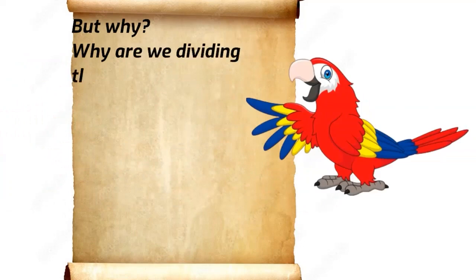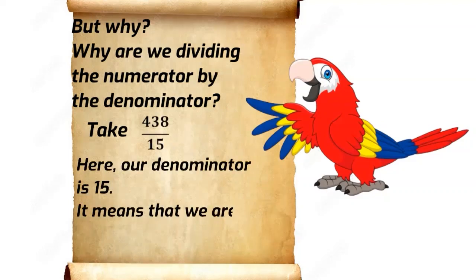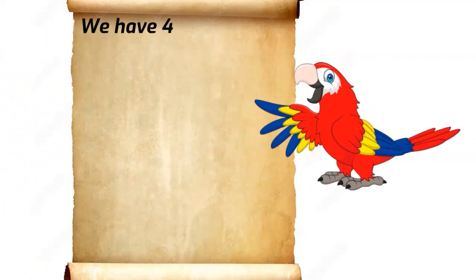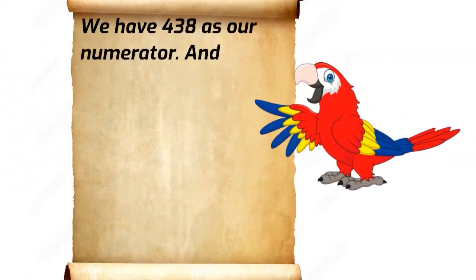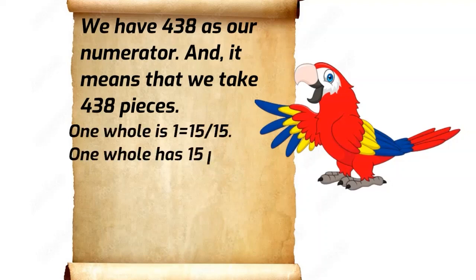But why? Why are we dividing the numerator by the denominator? For example, take 438 fifteenths. Here, our denominator is 15. It means that we are dividing wholes into 15 equal pieces. We have 438 as our numerator, and it means that we take 438 pieces. One whole has 15 pieces.